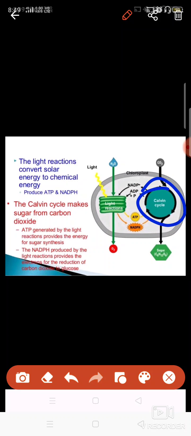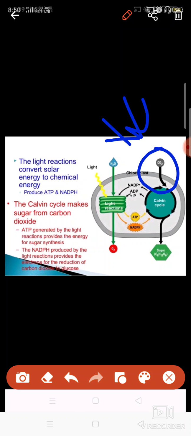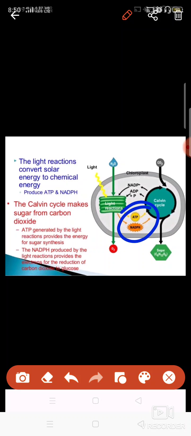This dark reaction is also known as the Calvin cycle, in which ATP and NADPH are used to convert carbon dioxide from the air into glucose or sugars. In the Calvin cycle, these are broken down to form NADP plus and ADP plus P.